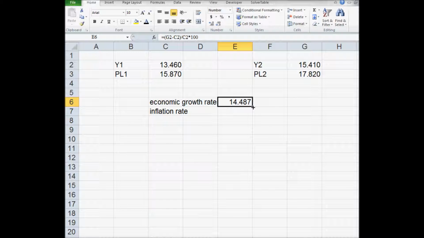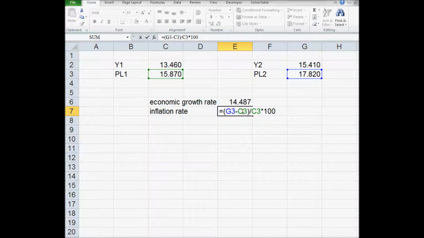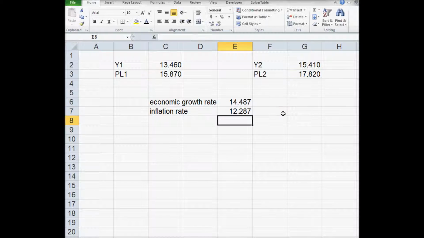The inflation rate is the percent change in the price level. So all we have to do is pull this down, double click to make sure we calculated everything correctly. It's what the price level is minus what the price level was, divided by what the price level was, times 100 to turn it into a percentage.